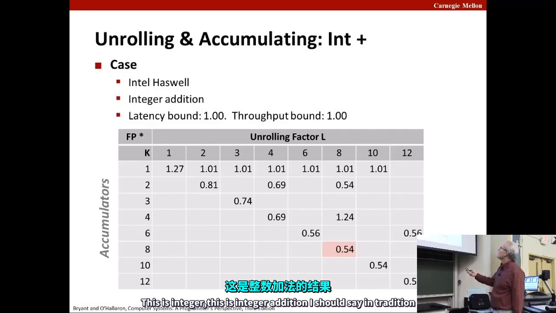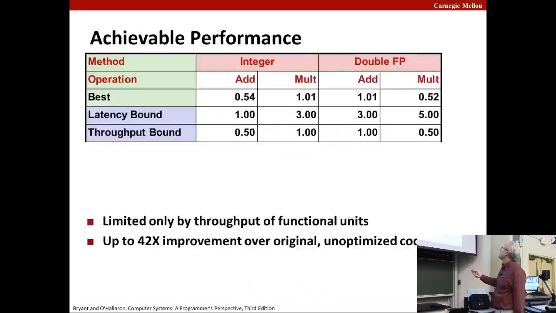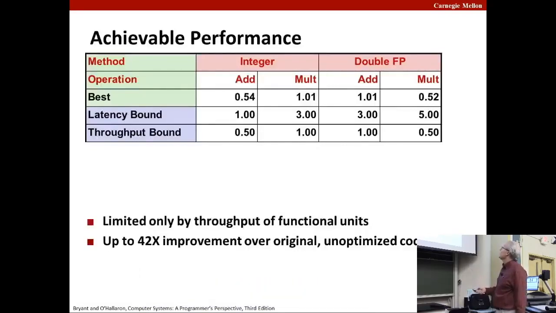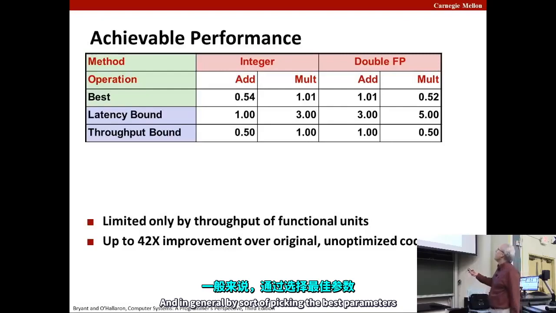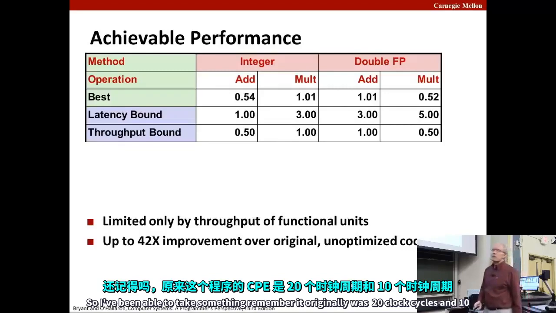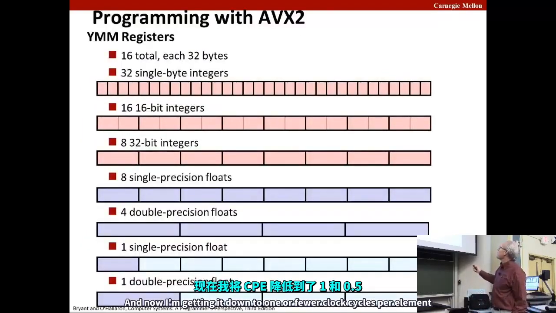This is incorrect. This is integer addition. That should say int addition. You can, again, get it down to around 0.5. And in general, by picking the best parameters, I can get very close to the throughput bound of this processor. So I've been able to take something that originally was 20 clock cycles, then 10, and now I'm getting it down to 1 or fewer clock cycles per element.